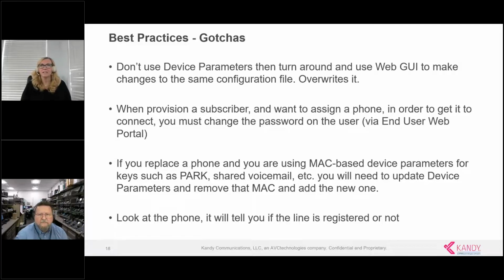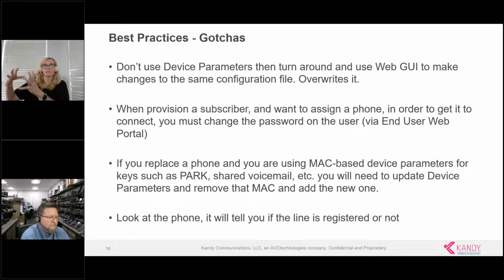What we've seen is, if you are going into the GUI interface for the phone, and then you turn around and do device parameters, you're overriding each other. It's going to make changes to the same configuration file. So that's definitely a no-no. If you're going to do it one way, stick with the same way. Don't have different teams even.